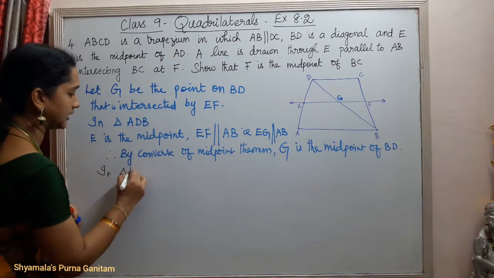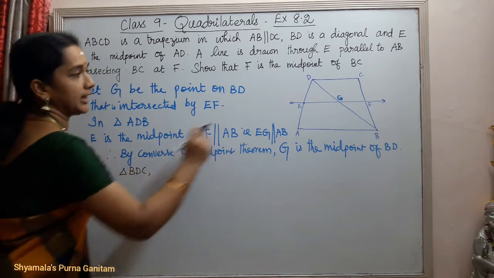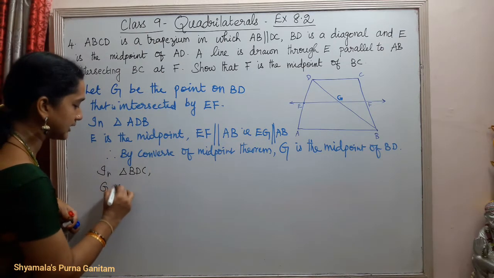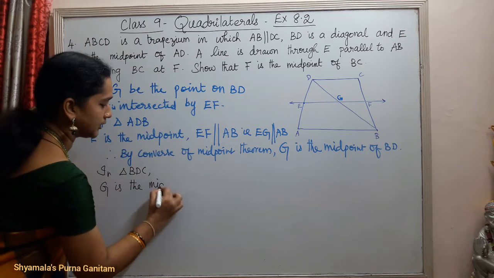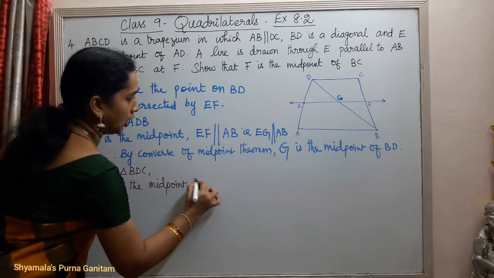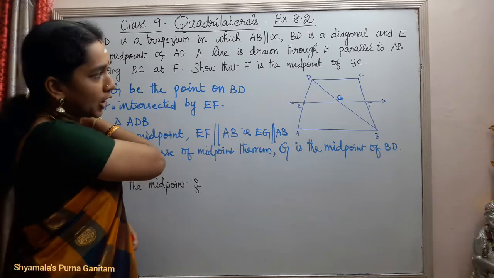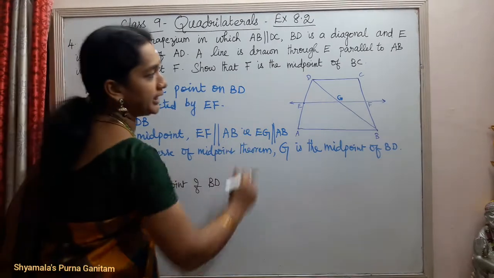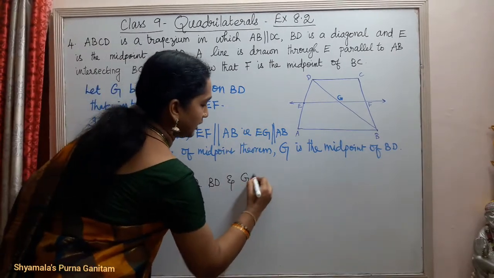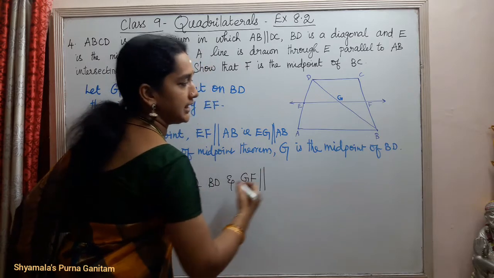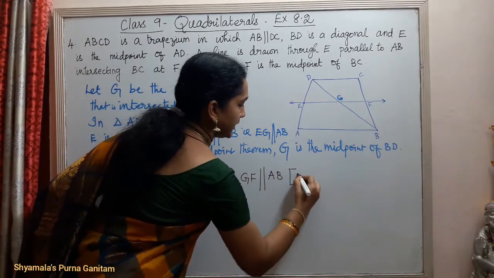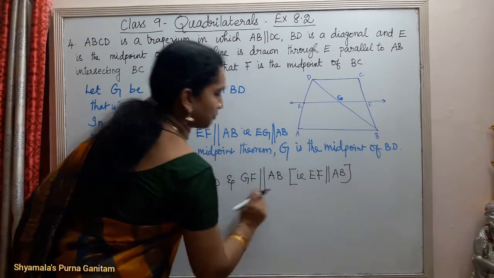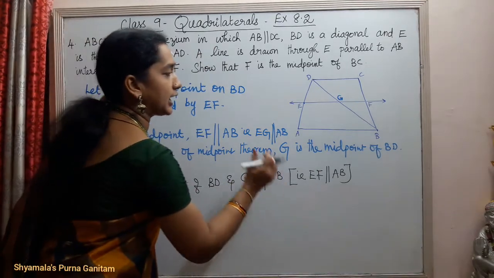So in triangle BDC, G is the midpoint of BD and GF is parallel to AB. That is, EF is parallel to AB, so GF is parallel to AB.